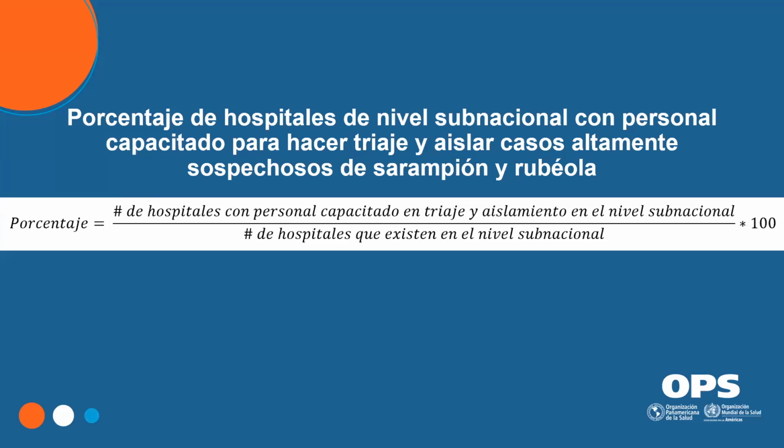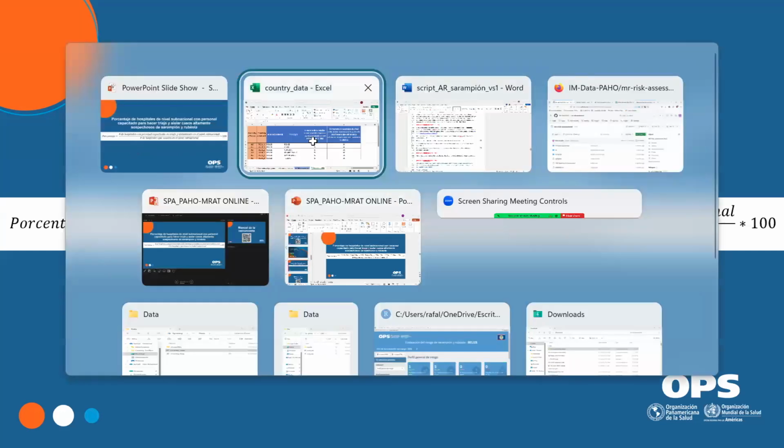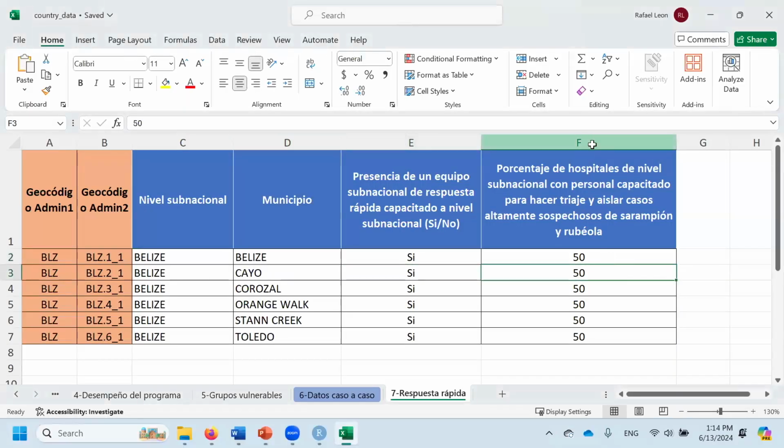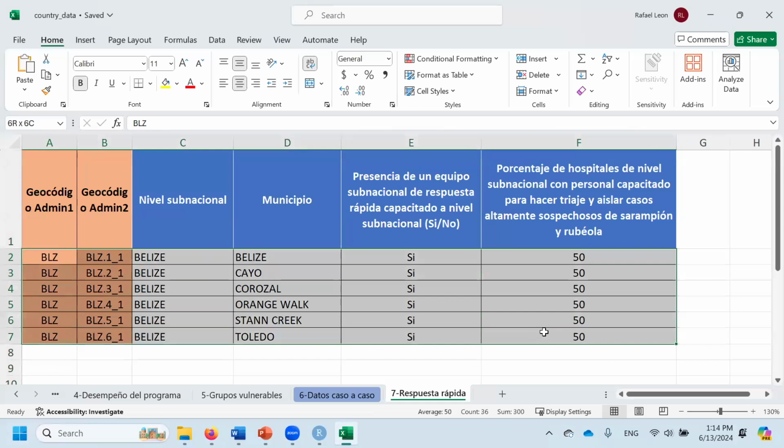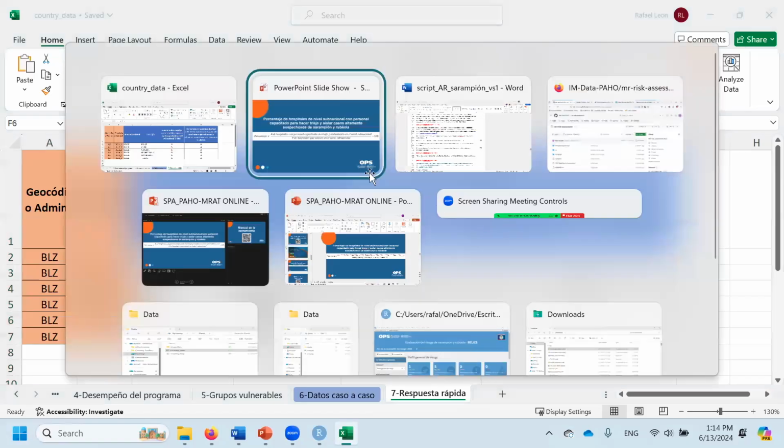The denominator would be the total number of hospitals that exist at that subnational level. The percentage should be input for all of the municipalities at the subnational level. This means that for our example here, all of the subnational municipalities in Belize should have the same value.